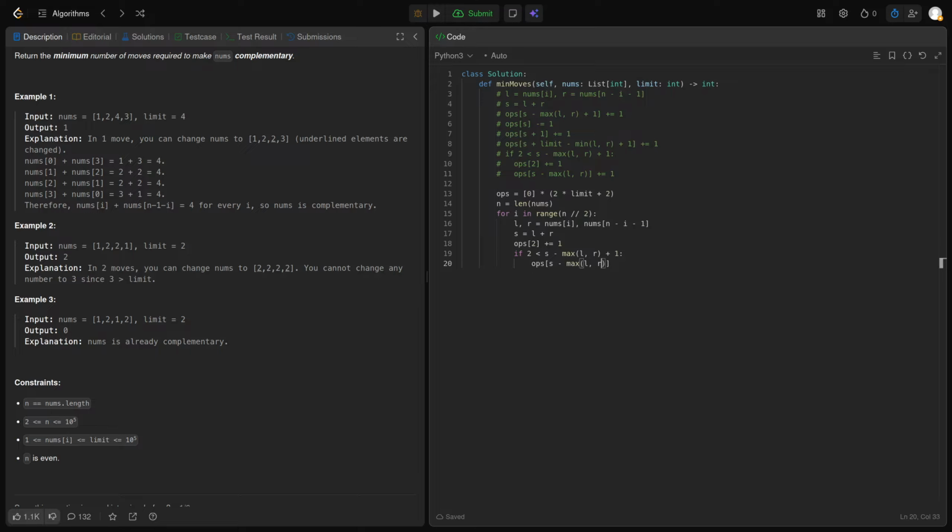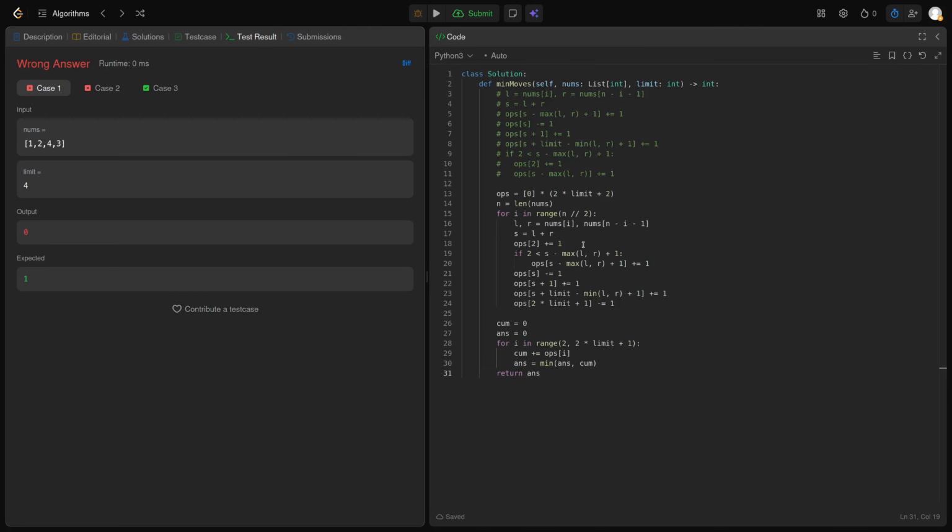Then ops S minus max(L,R) plus 1, ops S minus equals 1, ops S plus 1 plus equals 1, then ops S plus limit minus min(L,R) plus 1, ops, something like that. Maybe. This is absolutely unlikely to work, but okay.